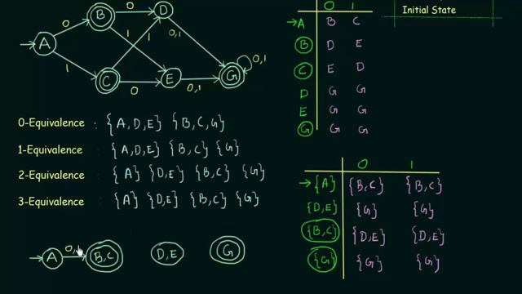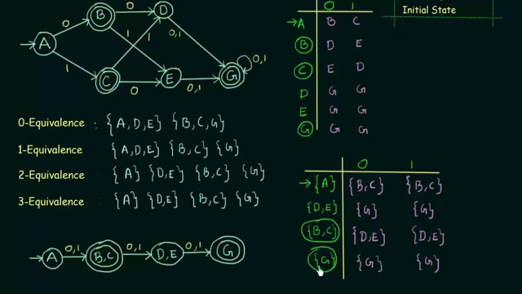BC on input 0 and 1 goes to DE. And DE goes to state G on 0, and also on 1 it goes to state G.